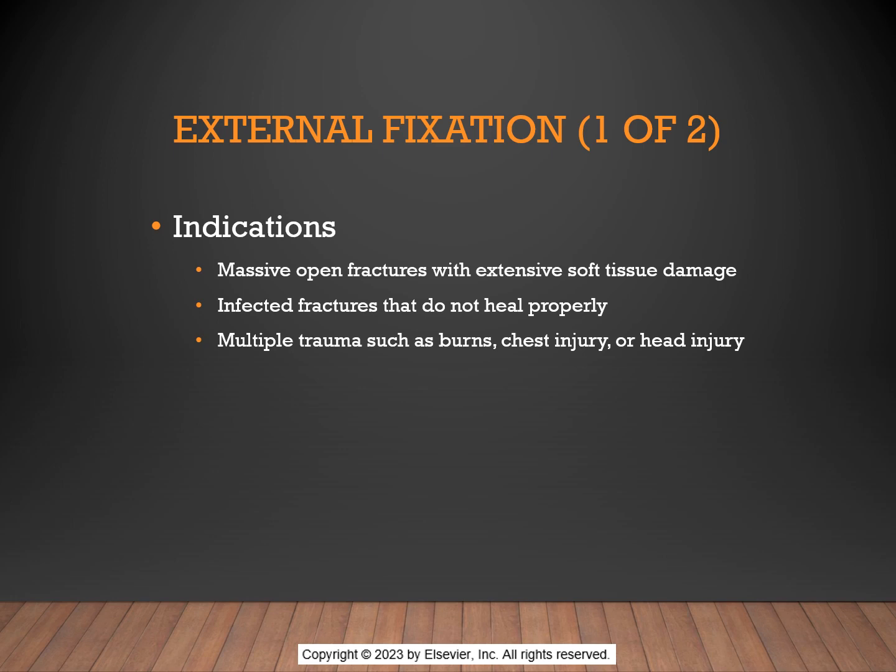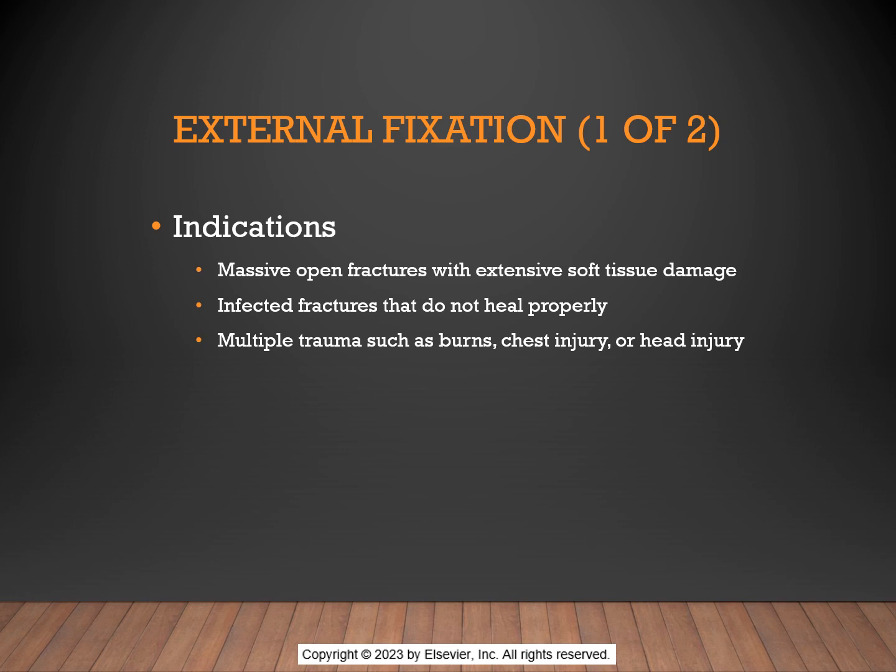External fixation of fractures involves the use of a device composed of a sturdy external frame to which pins are attached that have been placed into bone fragments. External fixation is commonly used for fractures of an extremity or of the pelvis.